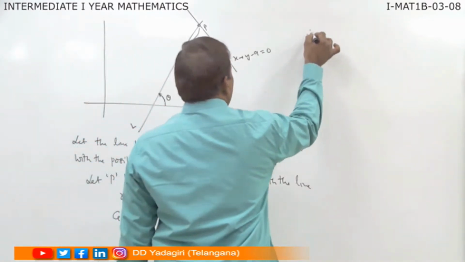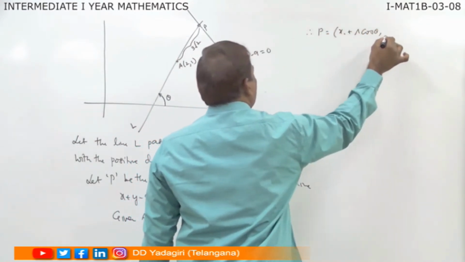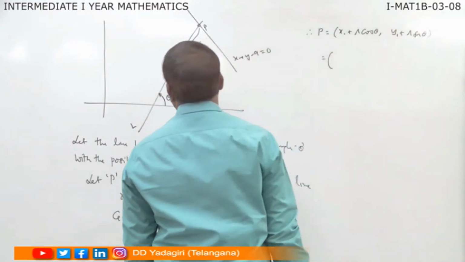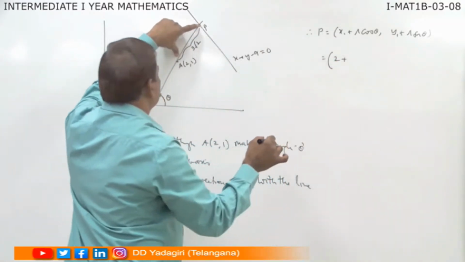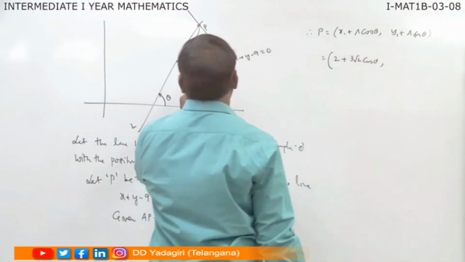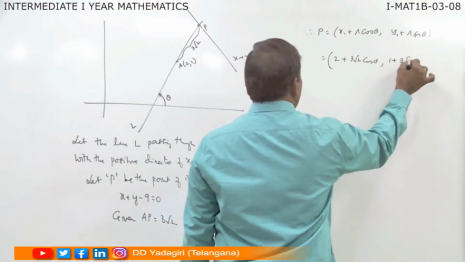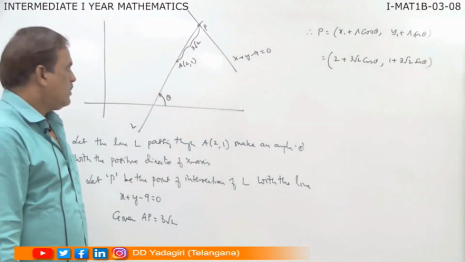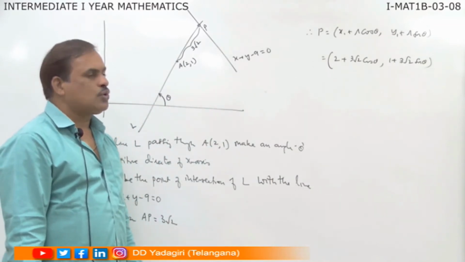Therefore, P is equal to x1 plus r cos theta, y1 plus r sin theta. అంటే x1 అంటే ఎంత ఇక్కడ? x1 అంటే 2. 2 plus r is 3 root 2 cos theta and y1 is 1 and r is 3 root 2, 1 plus 3 root 2 into sin theta. This is P. P బిందువు నిరూపకాలు ఇవి అవుతున్నాయి. 2 plus 3 root 2 cos theta, 1 plus 3 root 2 sin theta.